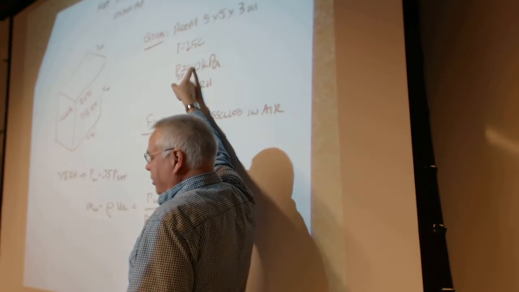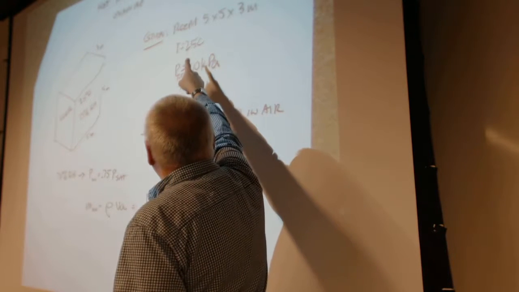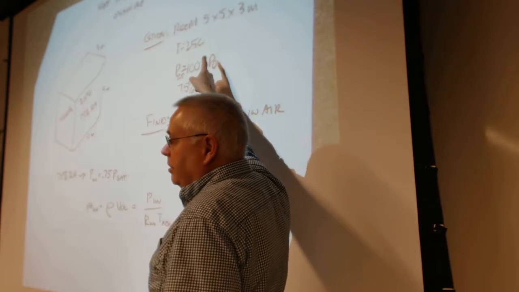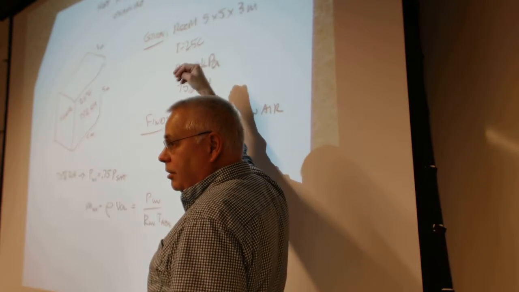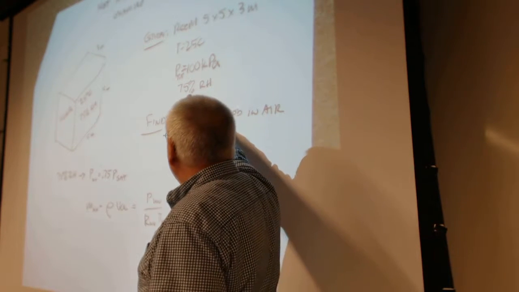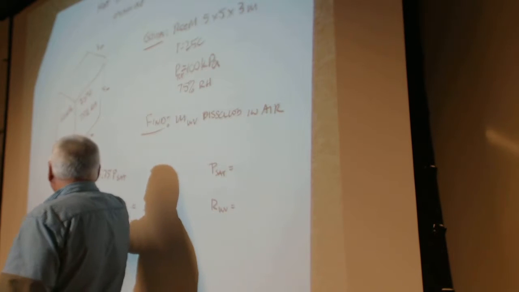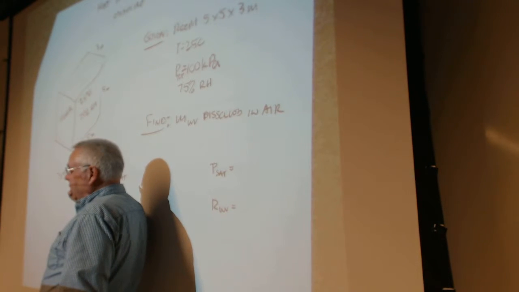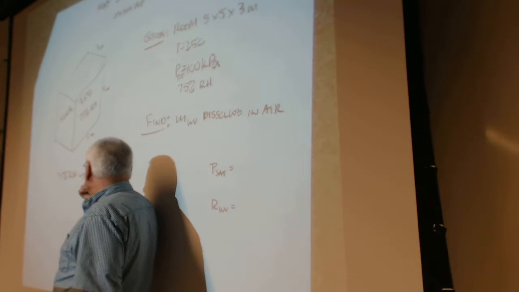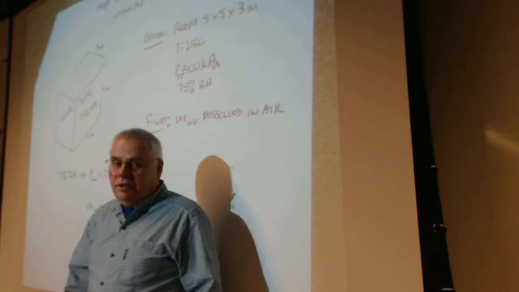It doesn't really matter. I want to know about the water. We know at 25 degrees C, if it was 100% relative humidity, we can look up what that pressure would be. And it's only 75% of that pressure. So the actual pressure of the water vapor would be 75% of the saturation pressure.